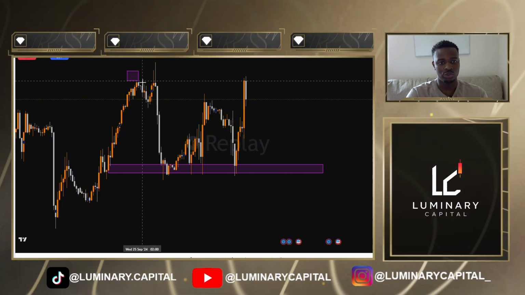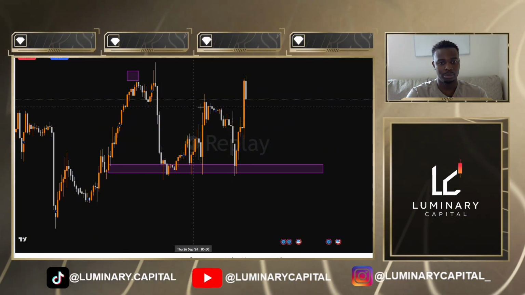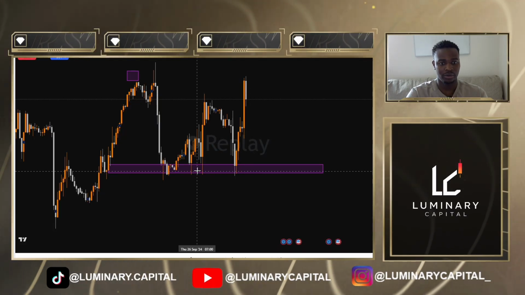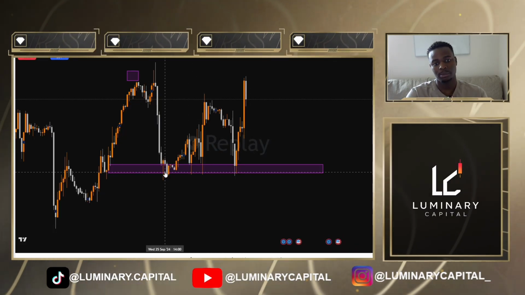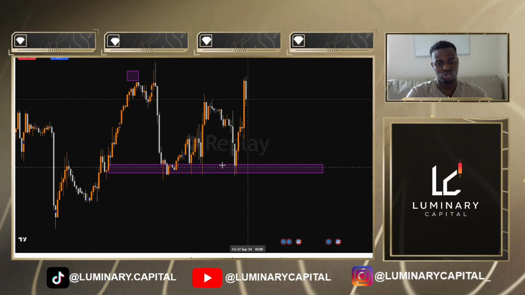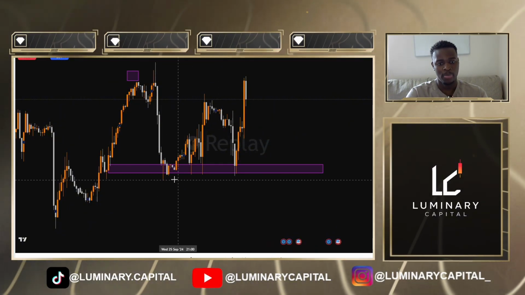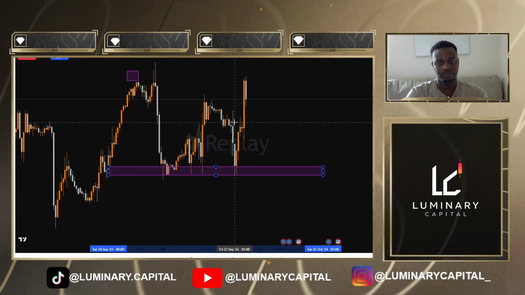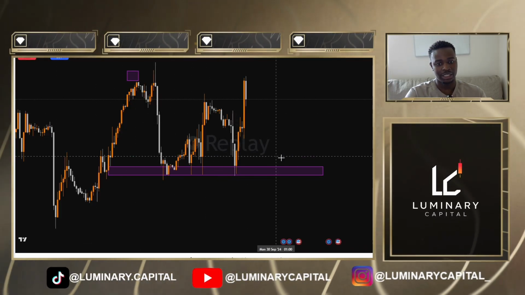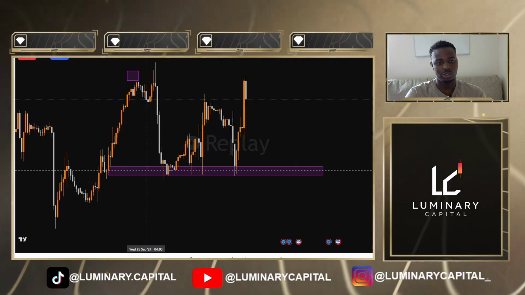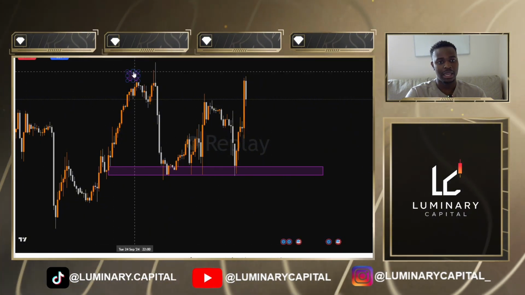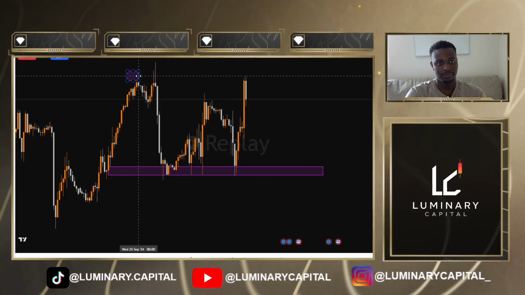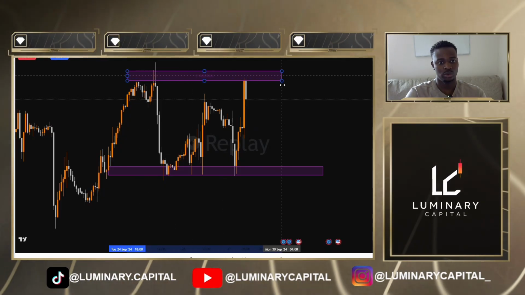So what you do when you see a general area where the market price is struggling to break through, or a general area just like below right here, where the market price is struggling to break below a particular zone, you mark it out. You mark it out as accurately as possible, and you mark out that zone. The bottom zones will always be known as support zones, and the top zones will always be known as resistance zones, right? So that's why I drew this out here.